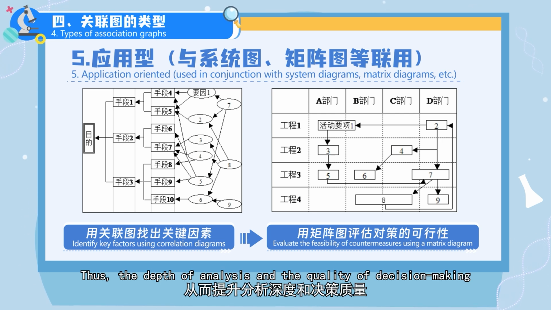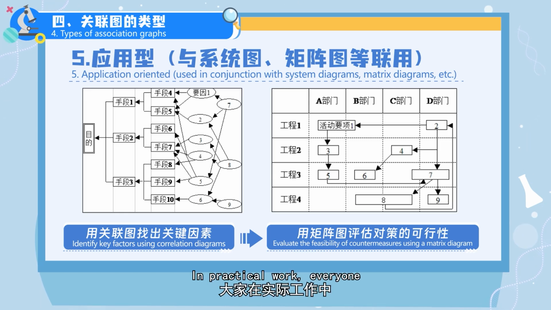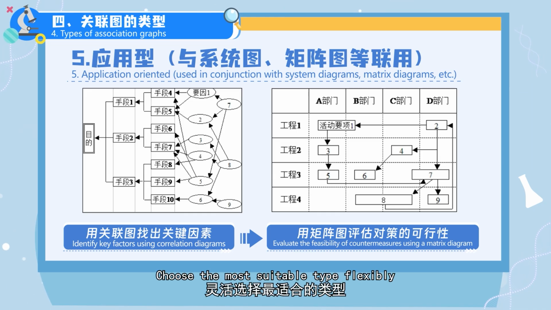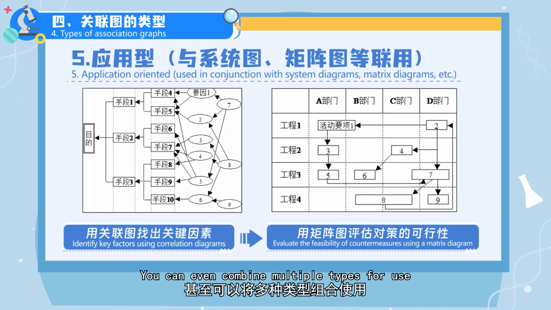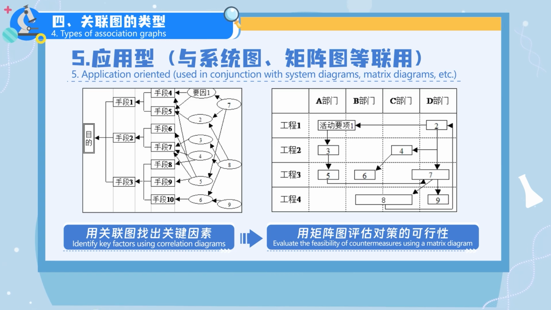Thus, the depth of analysis and the quality of decision-making can be improved. In practical work, everyone can choose the most suitable type flexibly, based on the nature of the problem and the team's habits. You can even combine multiple types for use. Achieve the effect of 1 + 1 > 2.